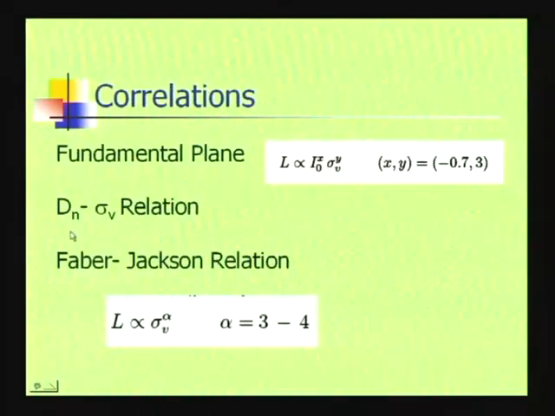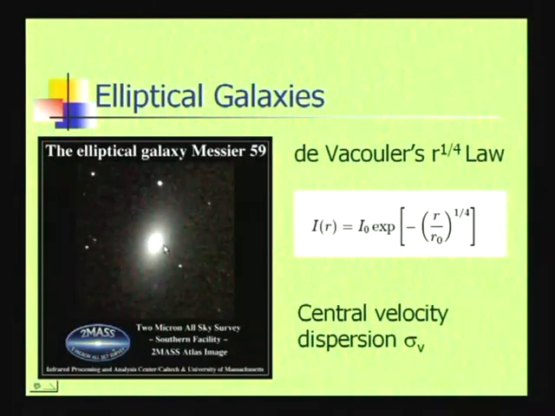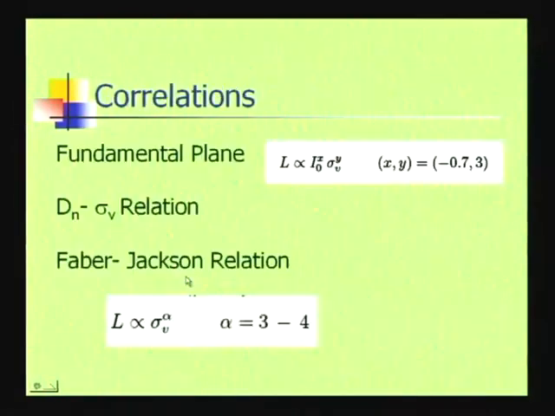Now people have found that you can ask what diameter subtends such that the mean surface brightness inside has a particular value, and if you vary this value, you will get a different diameter. People found that for some suitable choice of this threshold value, there is a relation between the diameter and the velocity dispersion.